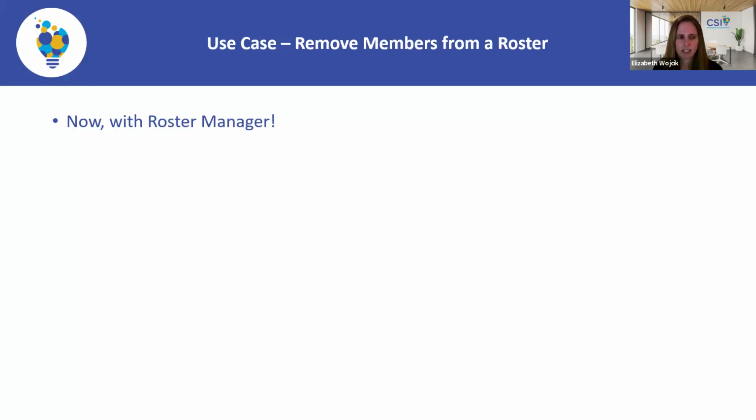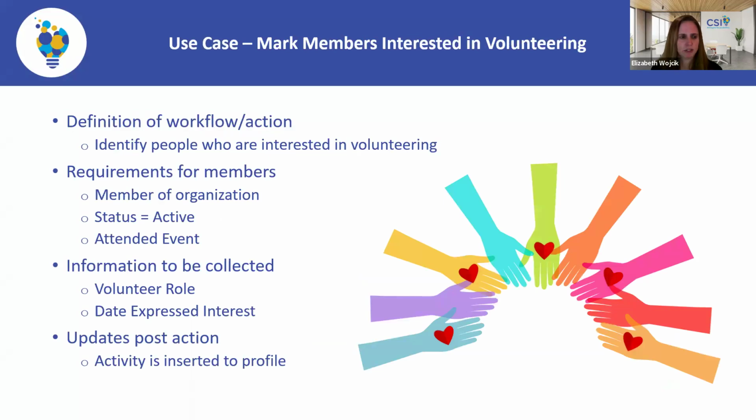All right, let's take a different kind of use case here. Roster Manager is not just about changing member types or changing statuses. It's about reporting things about a member in your organization. So in this example, we're going to do a very similar process, but our intention is to identify people who are interested in volunteering.